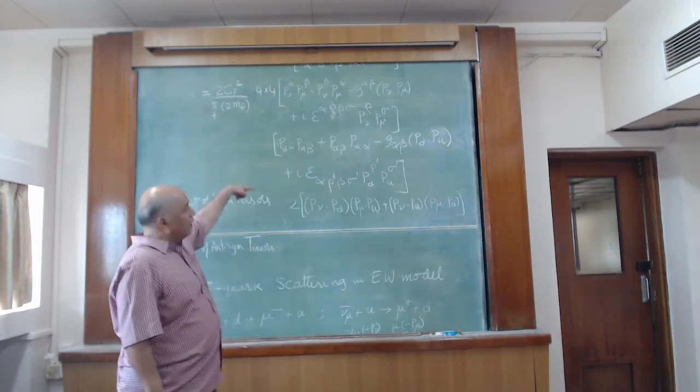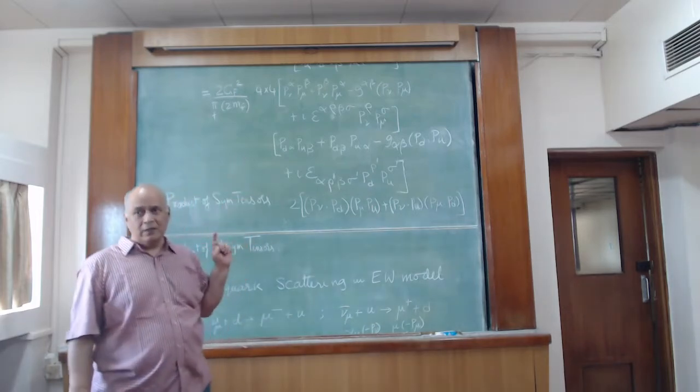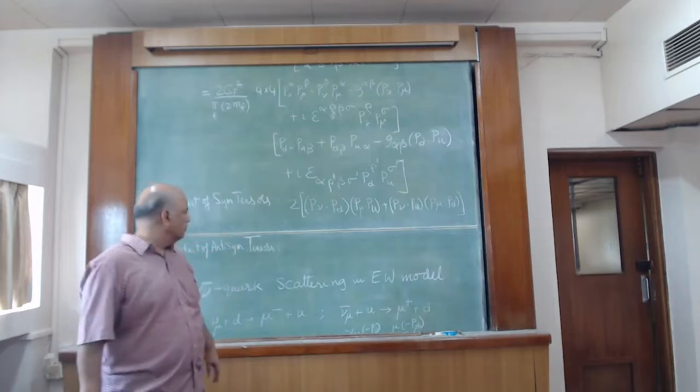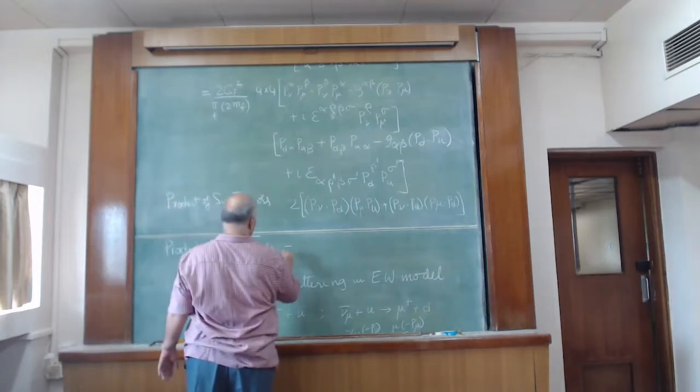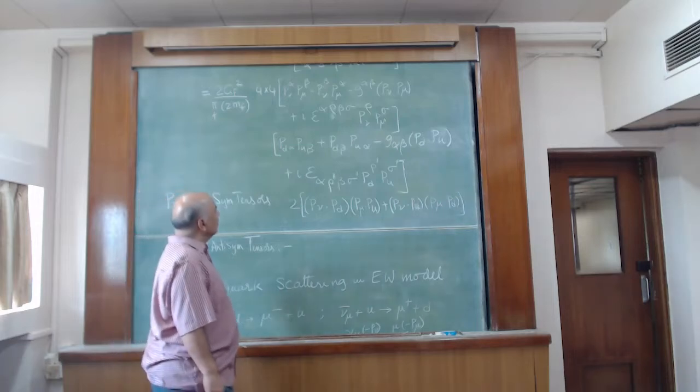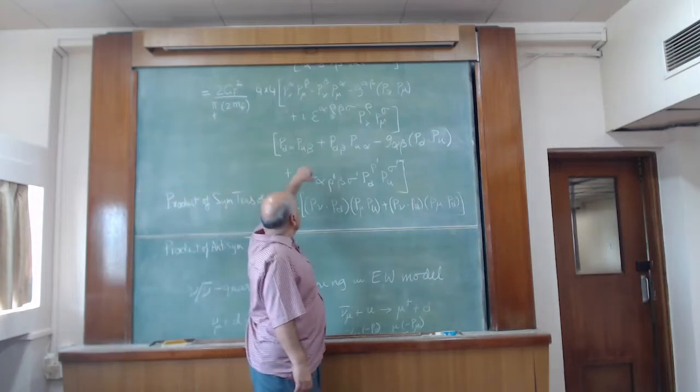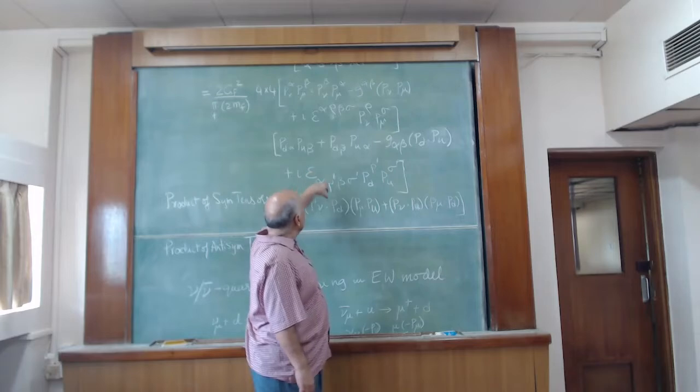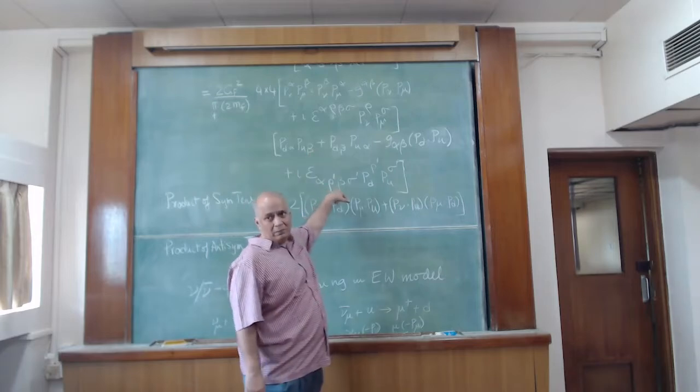So there is an I times I that is giving a minus sign. So there is a minus sign there. But these two will match if rho and rho prime are the same.